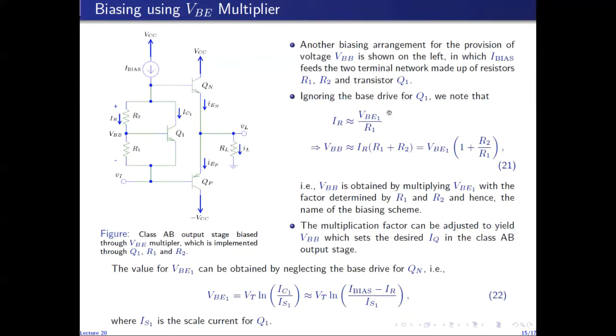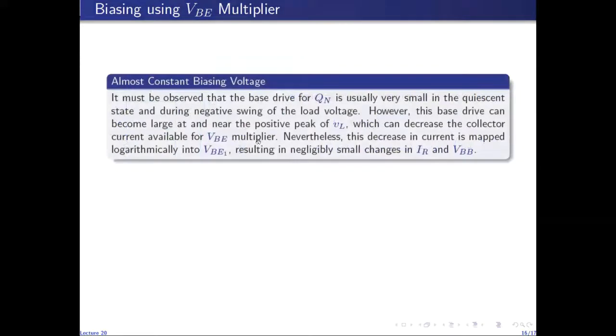So in order to induce a large change in VBE1, IC1 must change by very large amounts. So typically, this difference in IC1 by neglecting the base current is not that large. When it is mapped logarithmically to VBE1, the resulting difference in VBE1 is not significant.